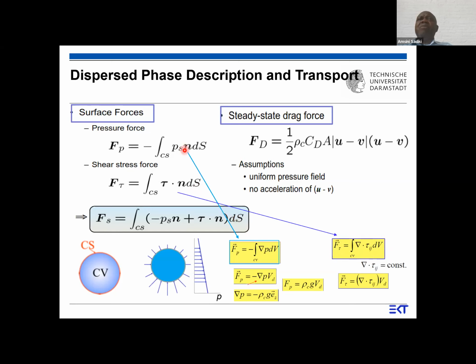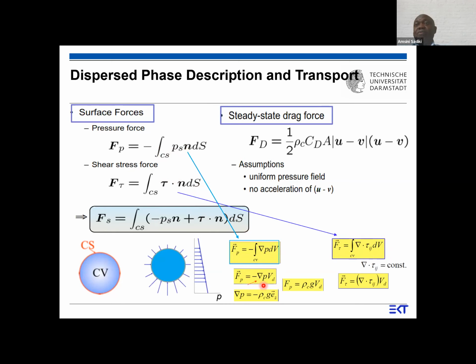And here, the same: the forces acting on the surface can also be transformed to a volume force, which is the gradient of the pressure, due to the Gaussian expression. If we assume that the control volume is constant, then we have this expression of the pressure force.